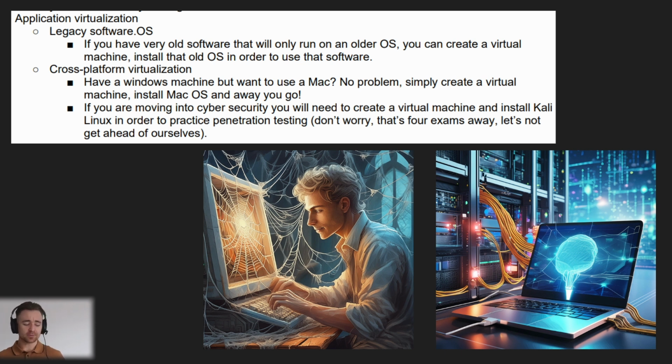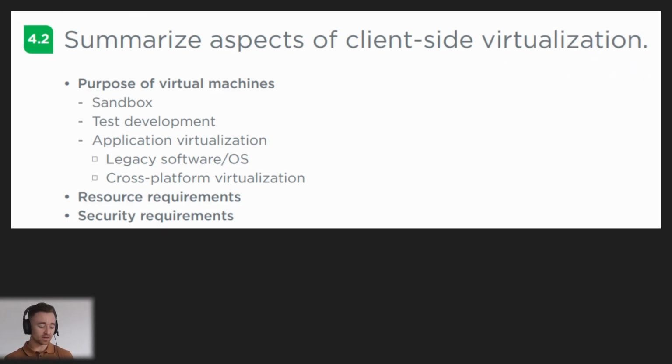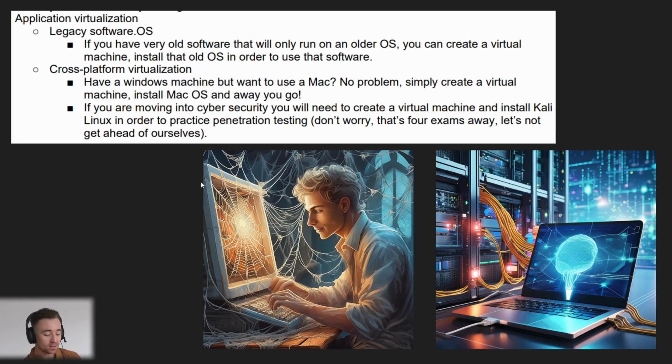Now, the next one is, if we go back to the exam objective, application virtualization and then two sub dot points within that: legacy software / operating system, and then cross-platform virtualization. So these two are actually subcategories of application virtualization. Keep that in mind as we move forward.